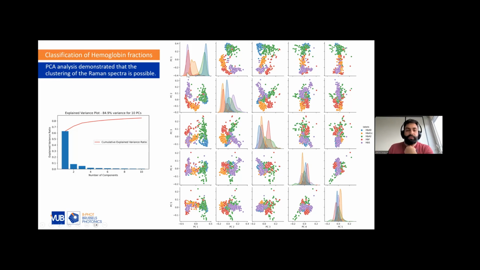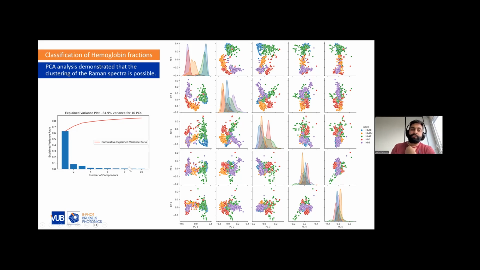Yeah, that's the question that we have here, and you can see that the first 10 principal components correspond to 84.9% of the variance in the data, and you see that the principal components have the highest variance for the first one, then the second highest, the third highest, and so on.